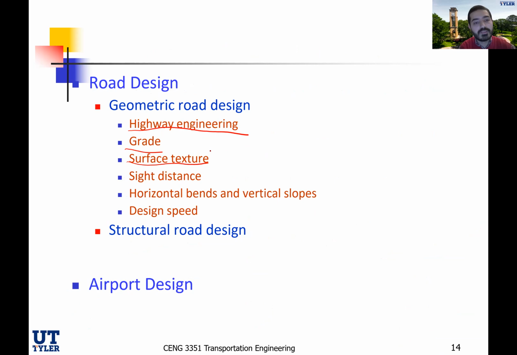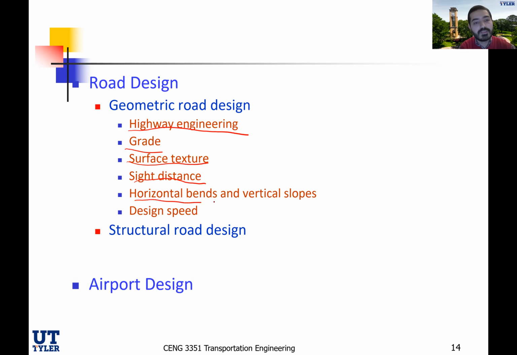You don't want it very rough because it's gonna ruin your vehicle and consume more fuel with time. You also can design the sight distance: how much in advance you need to see in front of you to avoid any danger, so you can hit the brake in a timely manner and reach a full stop before you hit that danger in front of you.